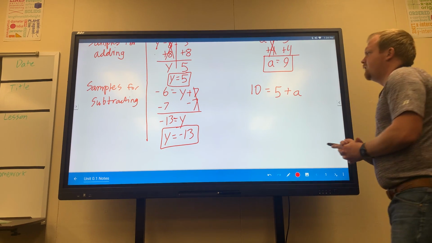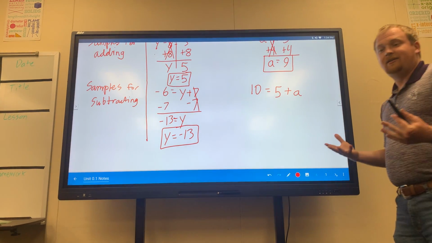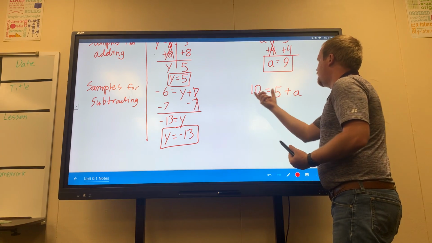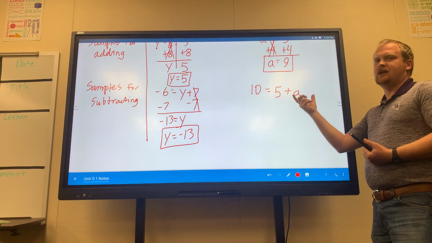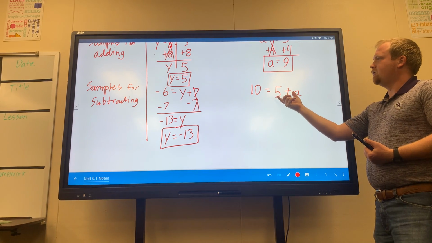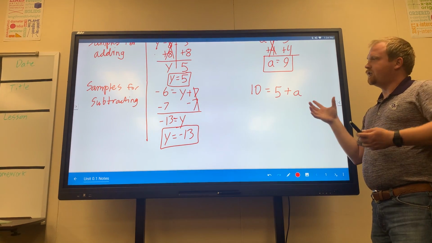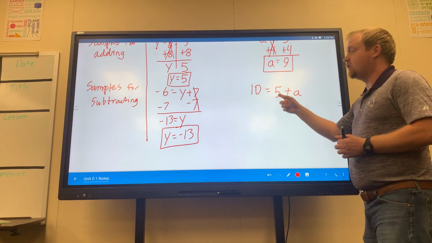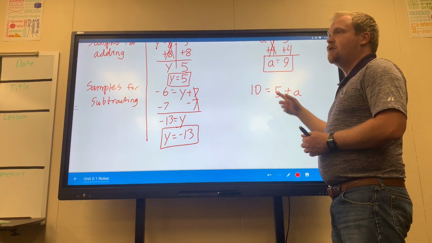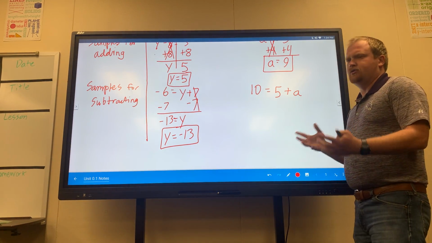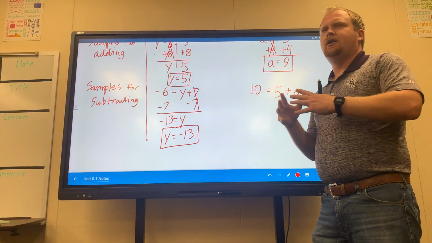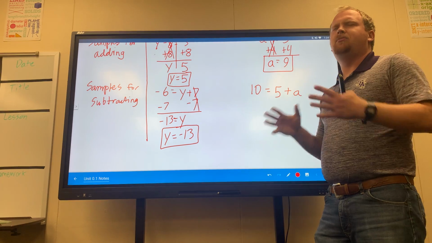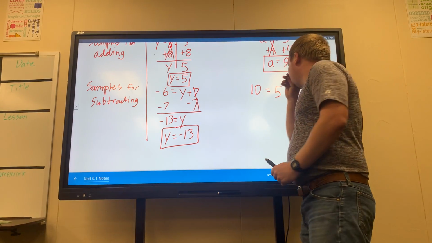Okay? Now, same idea though. Okay? 10 equals 5 plus A. I still have to be able to solve for A. But remember, now this is also a little bit backwards too, because now the constant's up in front. So it's like, well, should we subtract A? No, we don't need to, and there's no need for it, plus it makes it a little bit harder.